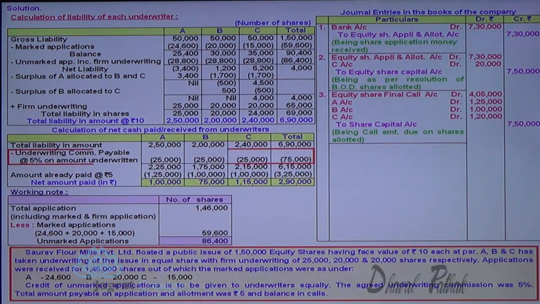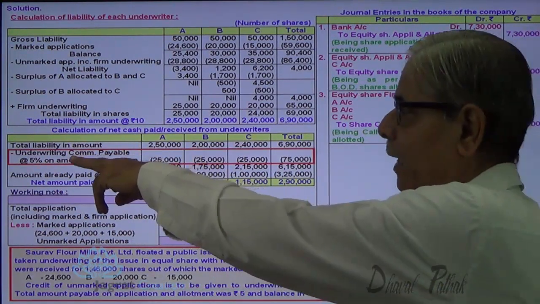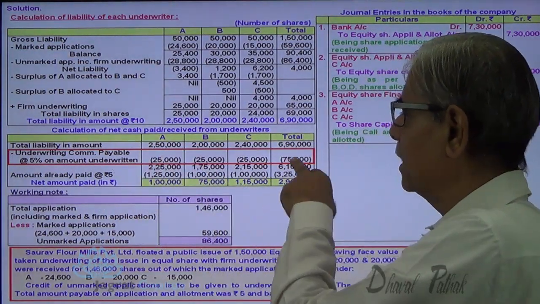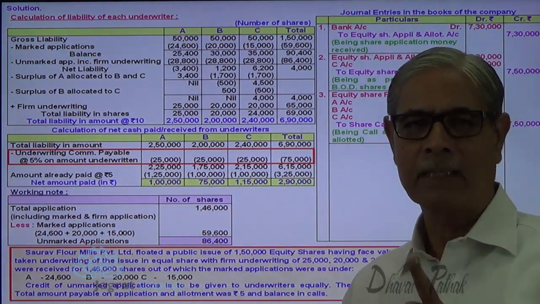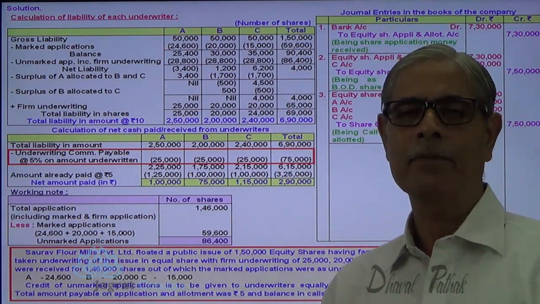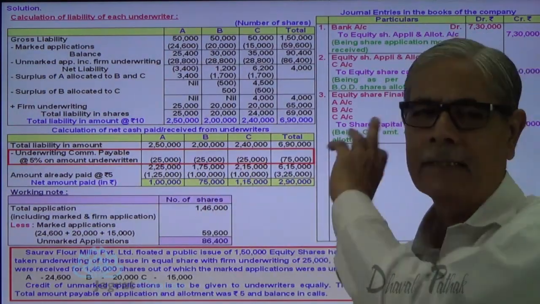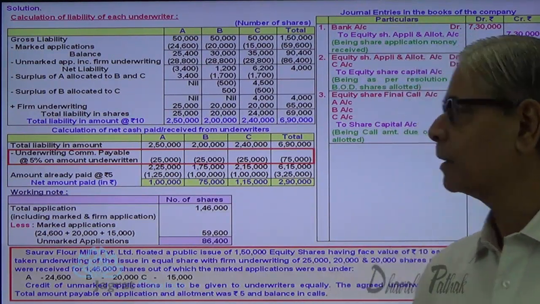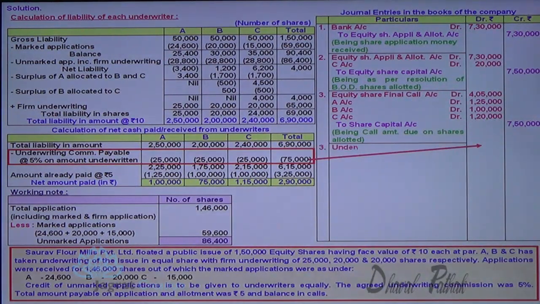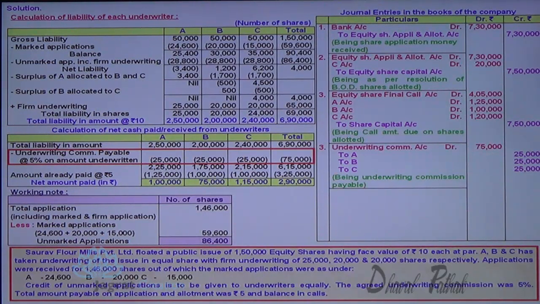The underwriting commission at the rate of 5%, 75,000 is the total underwriting commission to be paid to A, B and C. Each is entitled to a commission of 25,000. So underwriting commission account debit, to A account credit, to B account credit, to C account credit. Being the underwriting commission payable to A, B, C, this is how the entry for underwriting commission is recorded.